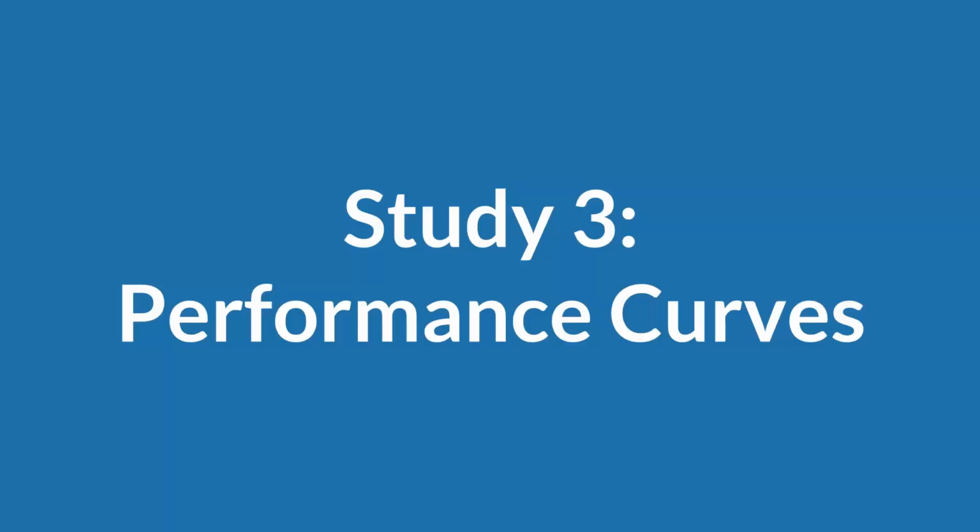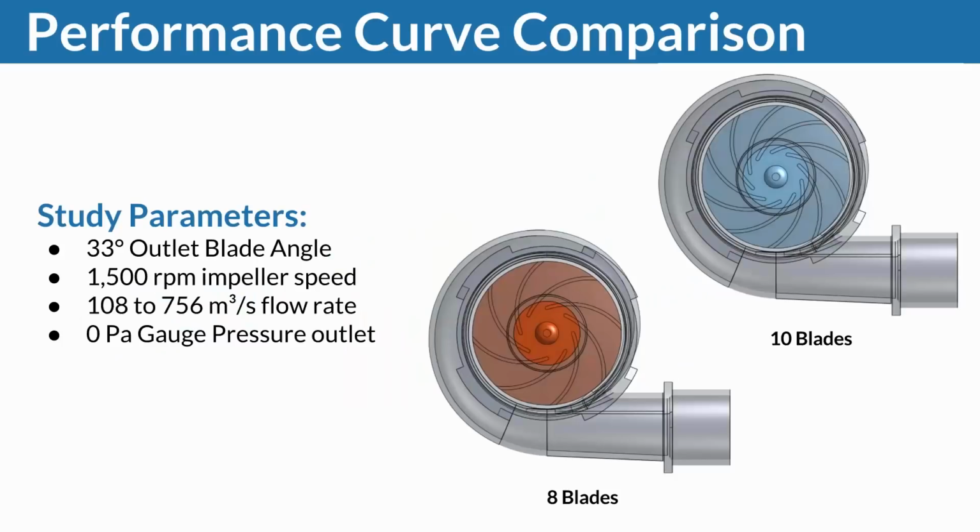So the last quick study I wanted to show is that you can also predict the performance curves in detail. Basically run the pump through different volume flux, and then look at efficiency and head of the pump, so typical curves we know from classical pump design tasks.